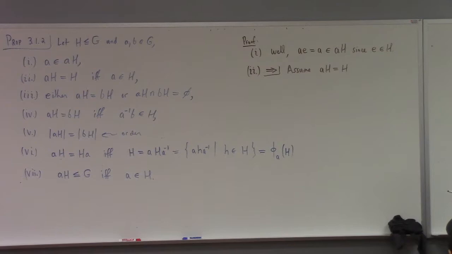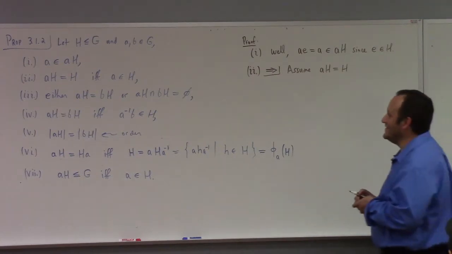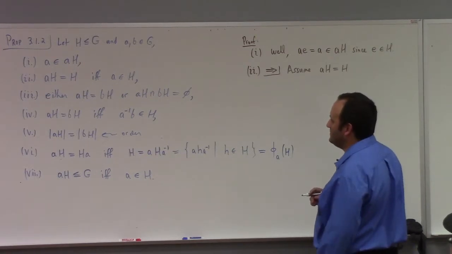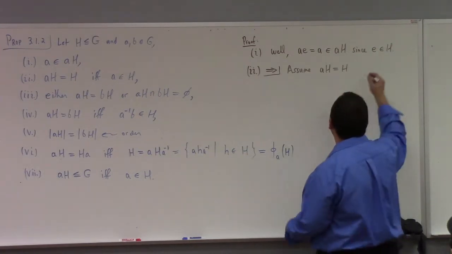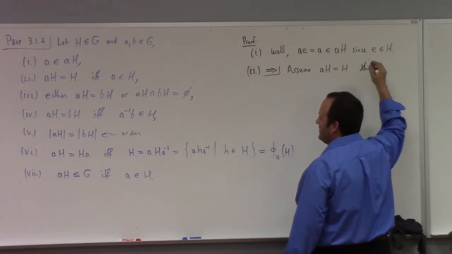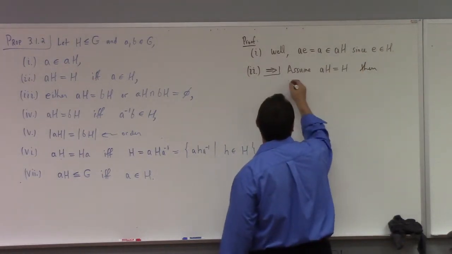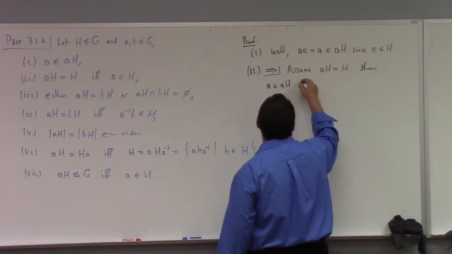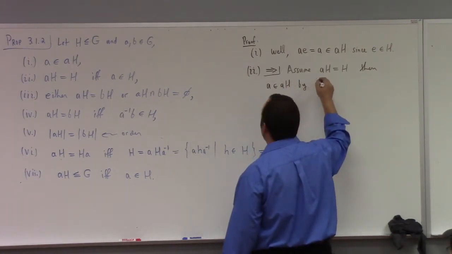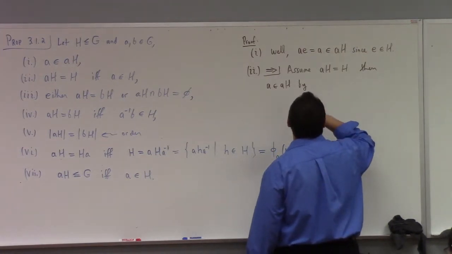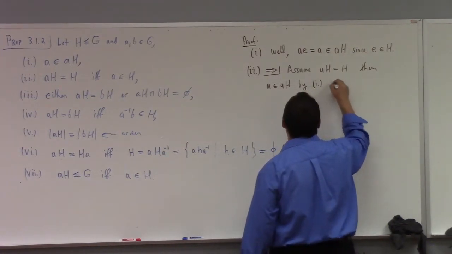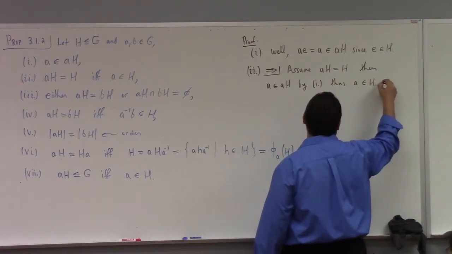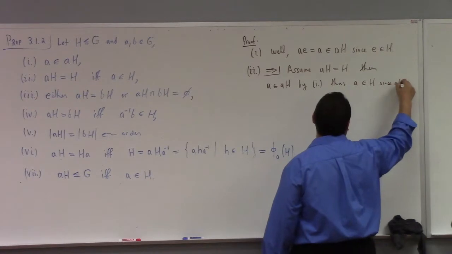All right. So if we assume aH is equal to H, what does that mean? Well, a is an element of aH by 1, thus a is an element of H since aH is equal to H in this part.